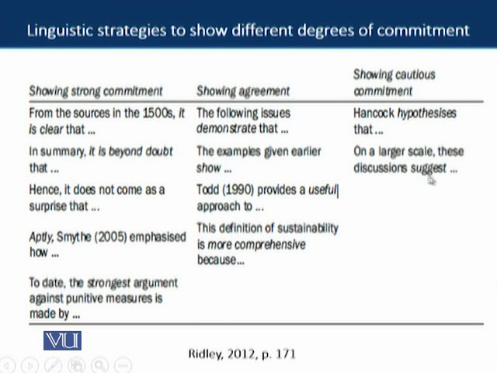So you are not taking a particular position, you are not agreeing very clearly, very explicitly, and strong commitment is not given in this example. So you just see that your choice of language, your linguistic strategies, show different degrees of commitment, and a researcher is required to be very careful about the selection of words, particularly in showing those references and constructing a literature review.